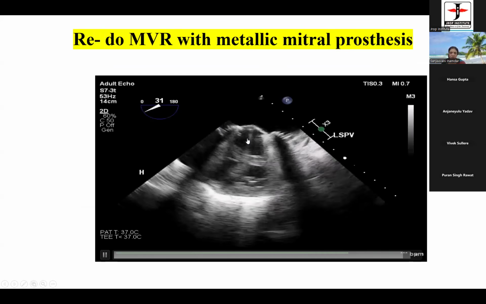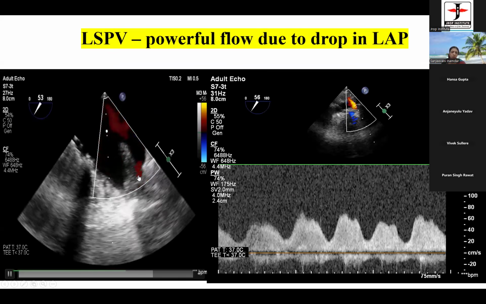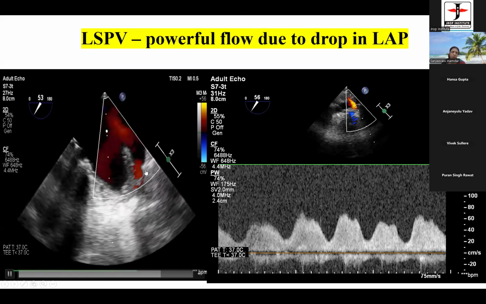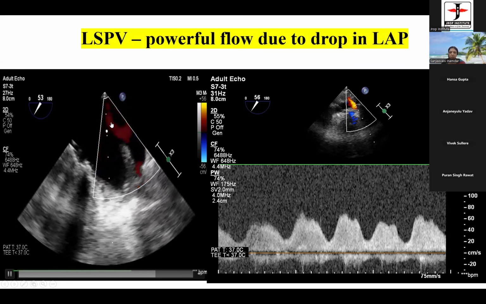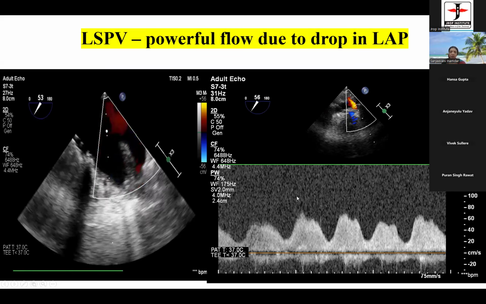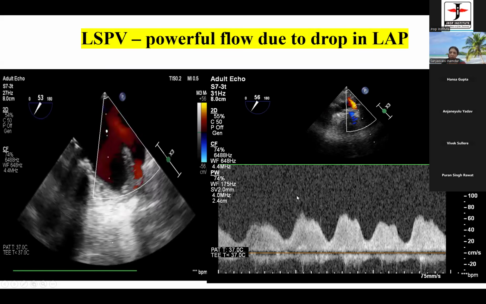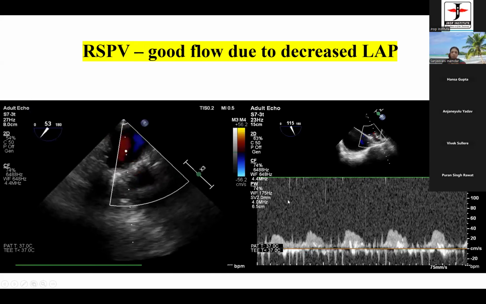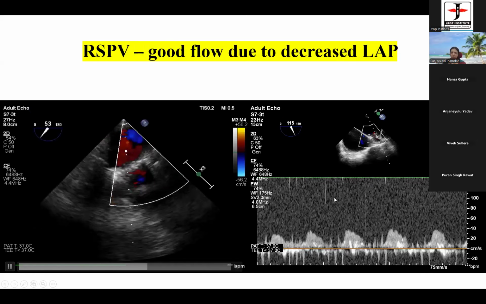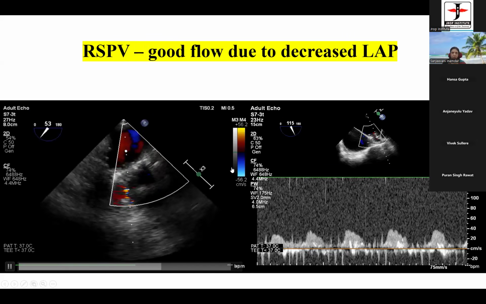So the moment we changed the valve, what we saw was vigorous flow from the left superior pulmonary vein into the LA, with a beautiful profile, indicating that the patient is doing fine, LA is reduced, and one can come off bypass when you see all these things on the table.